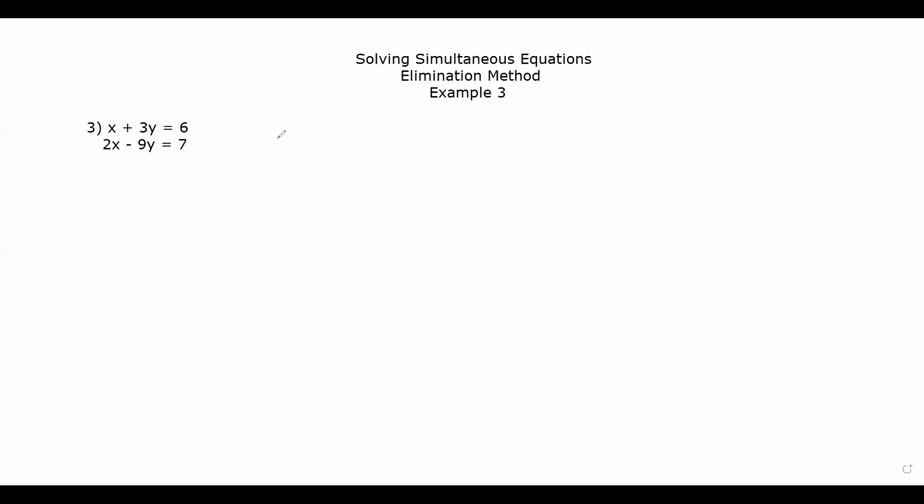So what do we need to do here? You can take one of the equations or both of the equations and find a value to multiply them by, to help you make either x or y in both equations the same. The value I'm going to use here is 2, to multiply the first equation.